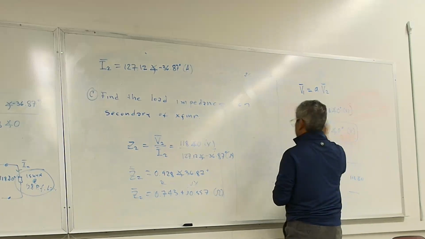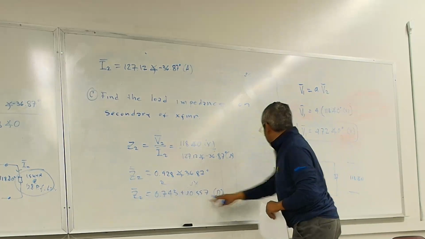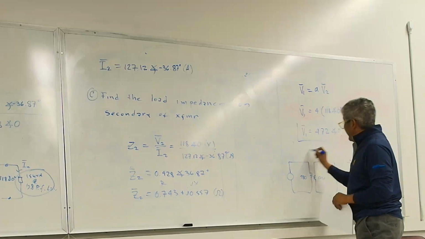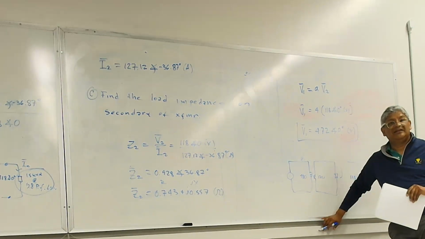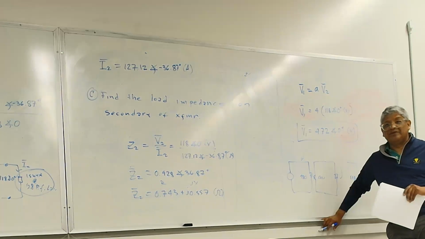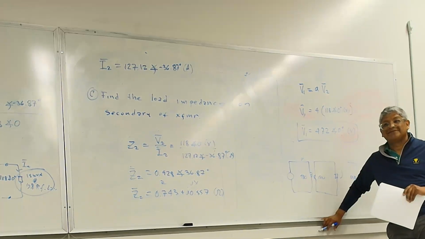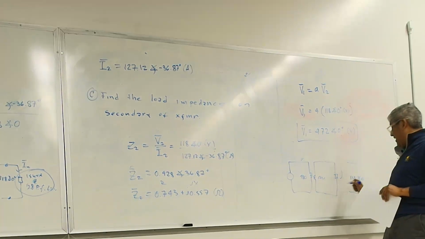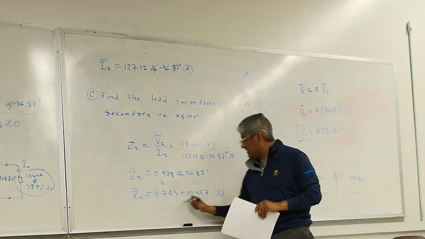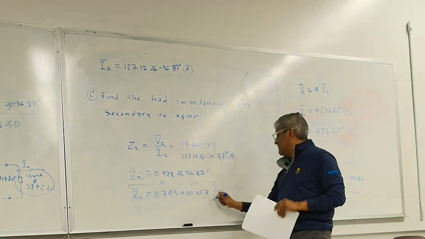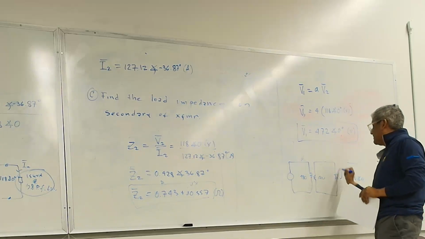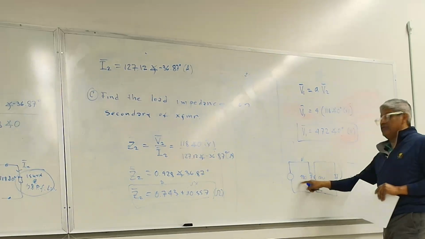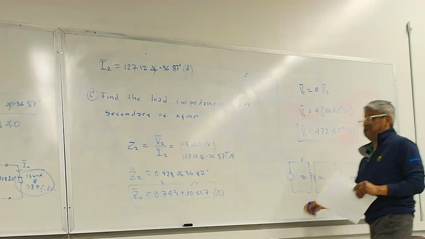We know that now the load is, this is the resistance, this is the reactance, and they're asking us, can you move that to the primary side? What will you do? I'm saying, okay, on the secondary side, this is the impedance. What they're asking me now is, can you tell me the equivalent impedance on the primary side, on the 480 side of the transformer?